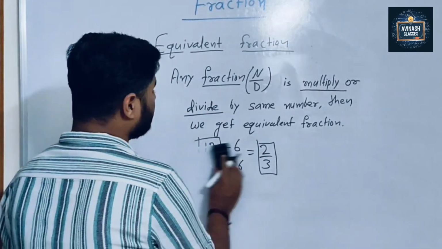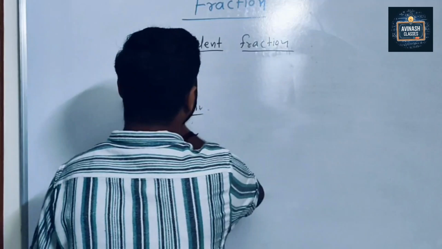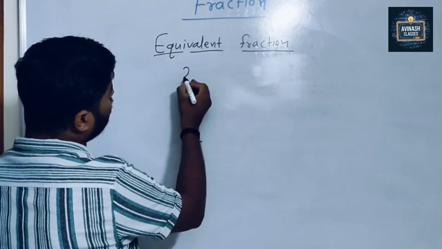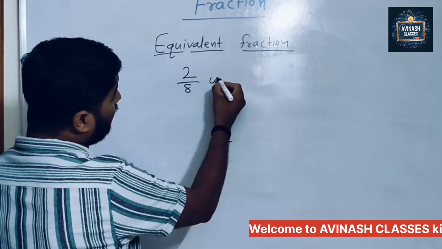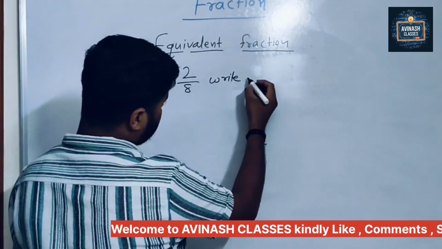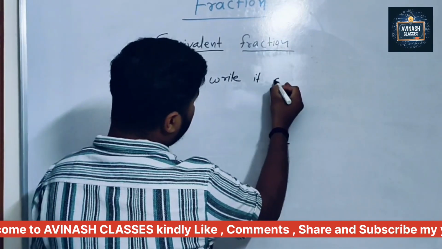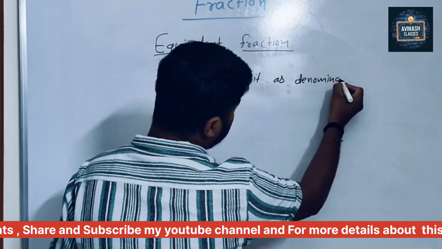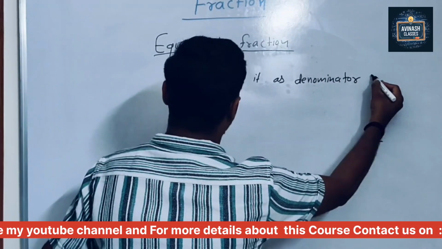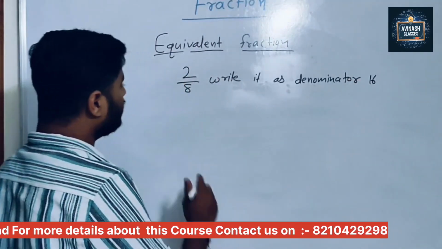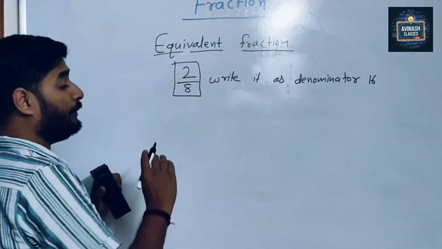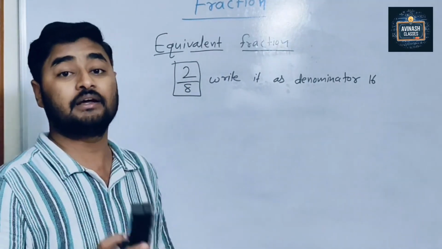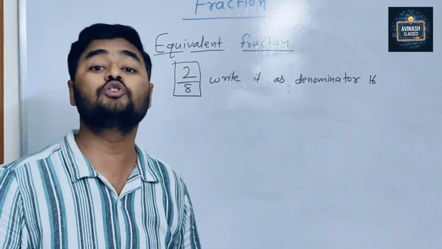Okay. But then in our textbook, which type of question do we get? They give one fraction, suppose 2 by 8, and say write this fraction with denominator 16. So this is the fraction and we have to write a new fraction whose value is equal to it, but whose denominator should be 16.